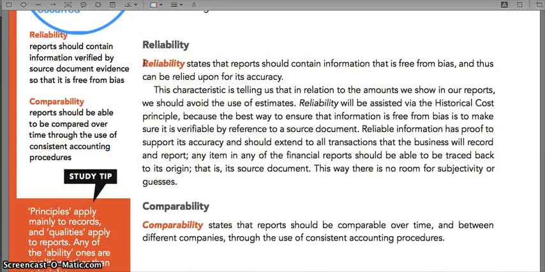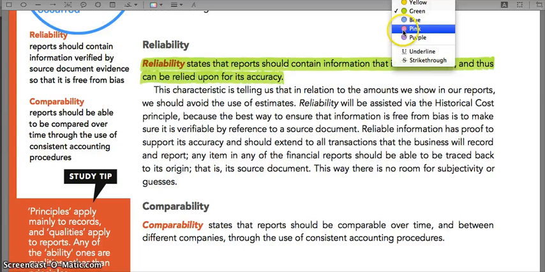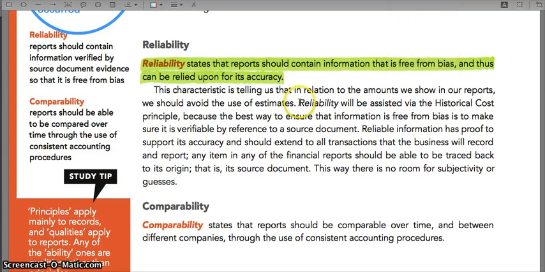Okay, moving on to reliability, and this one states that reports should contain information that is free from bias and thus can be relied upon accurately. Okay, so this one relates really closely to the historical cost principle, because this is the best way to ensure that the information included can be verifiable via a source document and is free from bias.